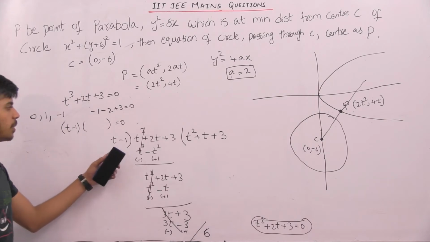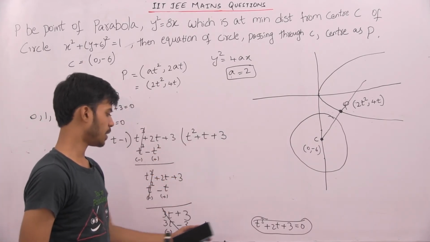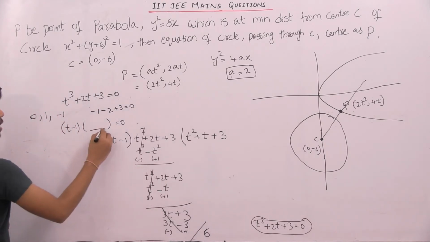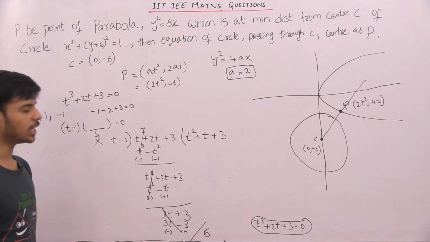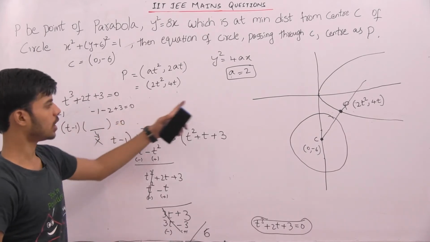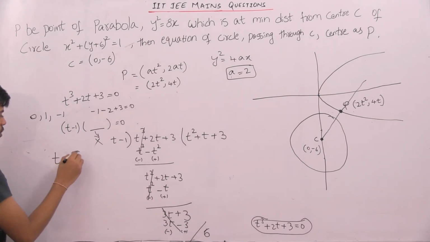So t minus 1 into t square plus t plus 3 with remainder 6. This is not a perfect square, so we won't get any roots this way.